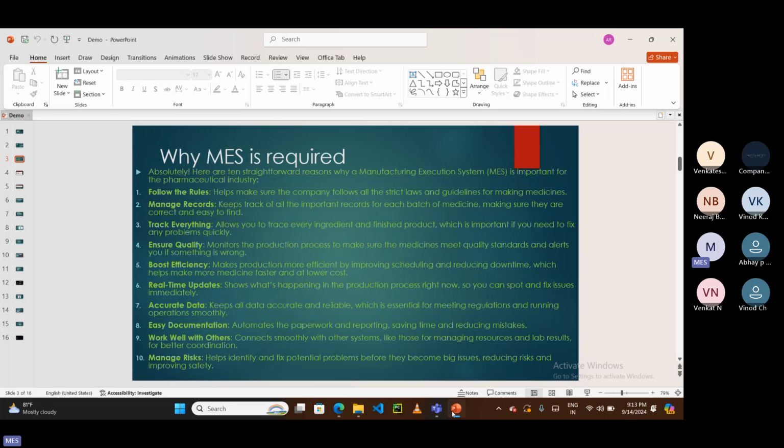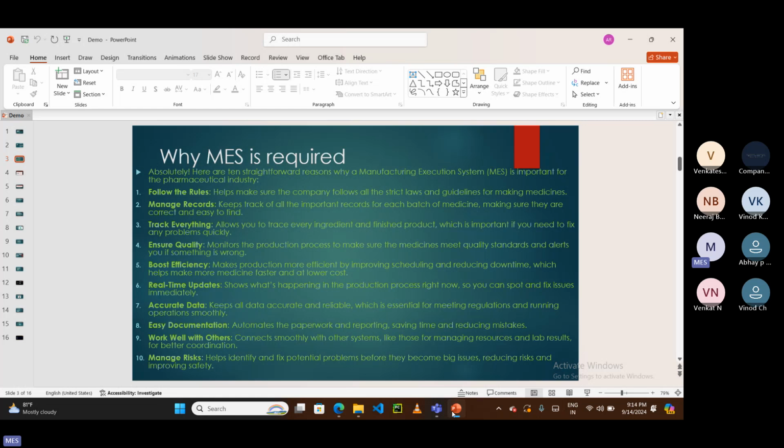Ensure quality. If you are working in pharma, then you'll understand the importance of quality. In other manufacturing areas, like car manufacturing, quality matters, but if a quality defect comes, it will not impact someone's life.